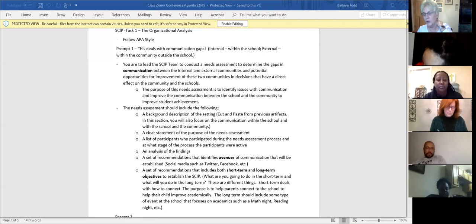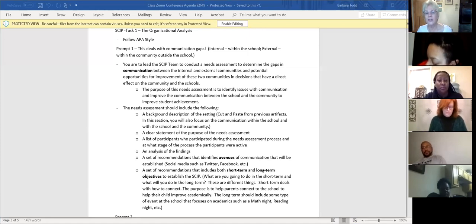It doesn't have to be in this order, but this is the way they have it, and the rubric has it in this order too. Who participated, and when were they active, and when did they stop? What did you find? That's your analysis. And then these last 2 parts are really important.